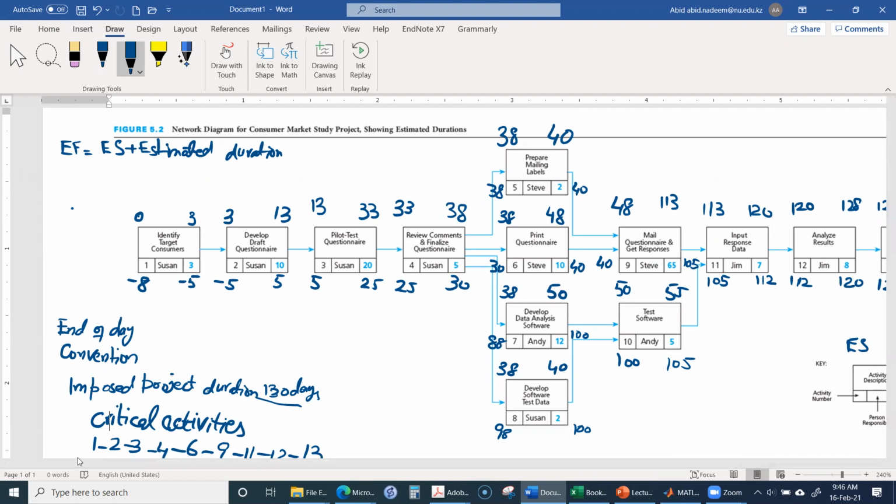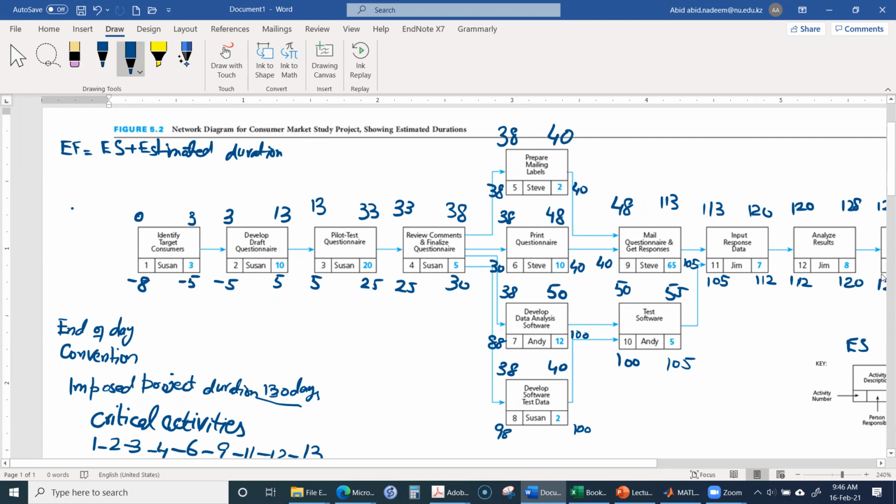You can see that these activities are connected in the form of a path, right? And if we add the duration of the activities along this path, it will be 138 days. Although remember that we want to complete the project by the 130th day, which is some fixed date.